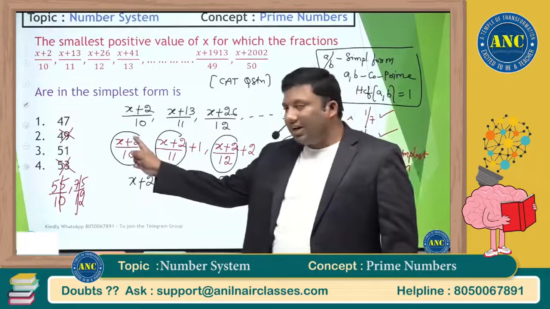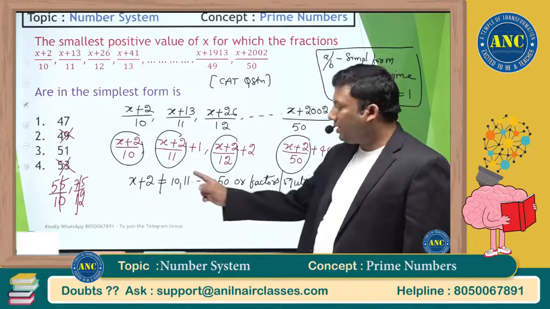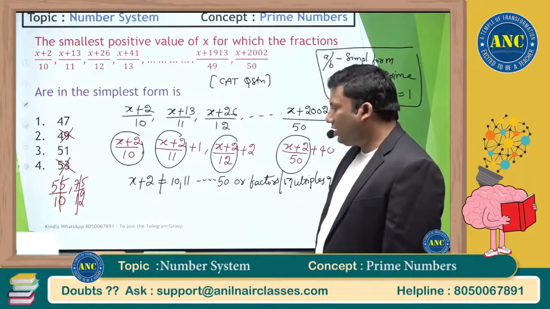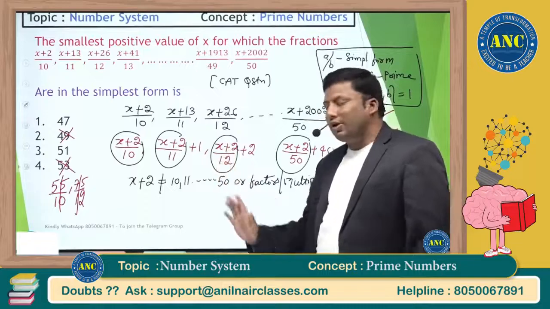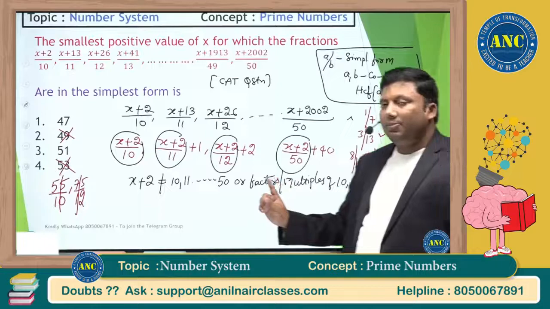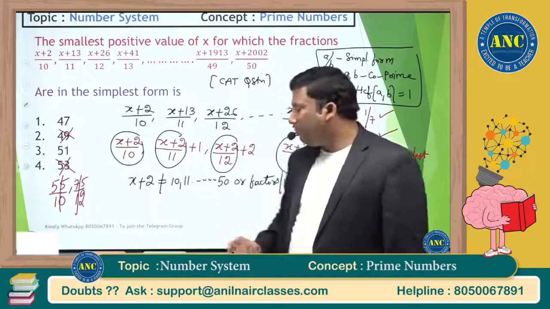If x plus 2 takes 10, then 10 by 10 is not in its simplest form. If it takes 11, 11 by 11 is not in simplest form. 12 by 12 is not. Take a factor of 10, say 2: 2 by 10 is not in simplest form.